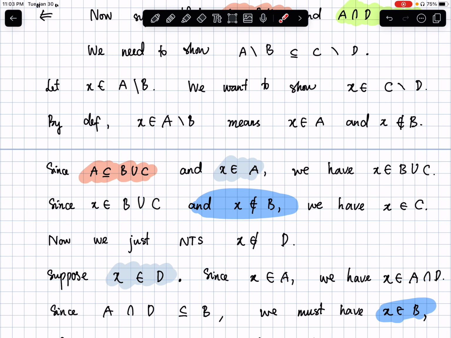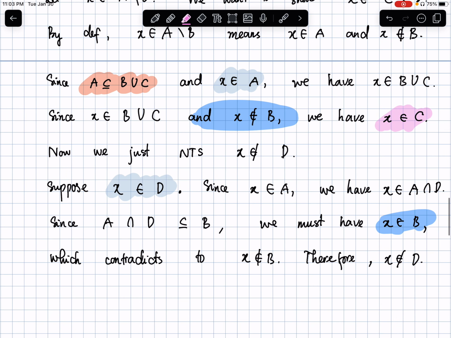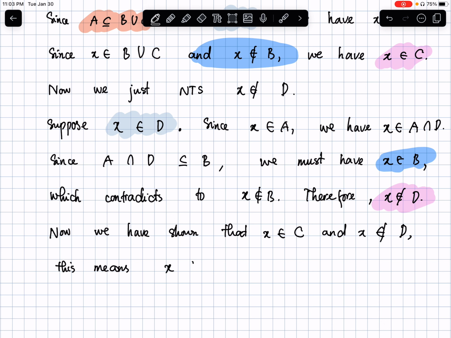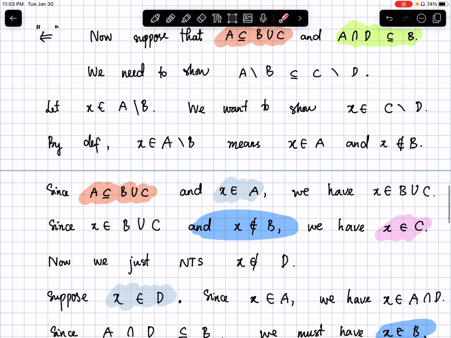Okay, to summarize, we have shown that x in C and x is not in D. So this means x in C minus D, which is exactly what we want to show.